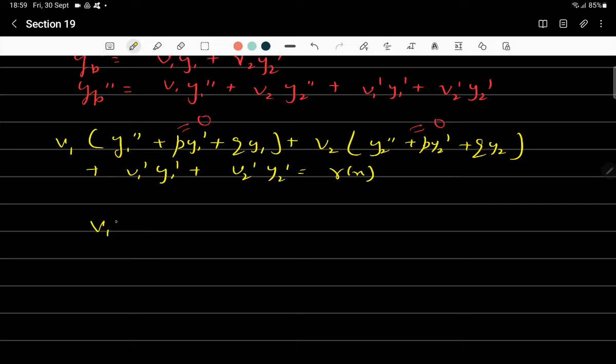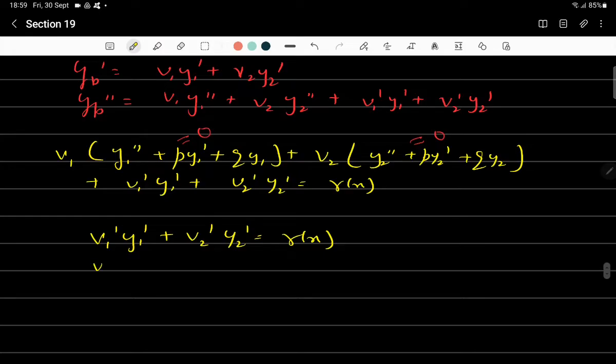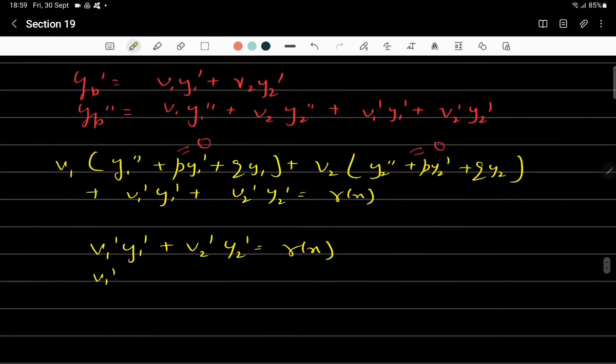So this gives me v1 dash y1 dash plus v2 dash y2 dash is equal to r of x, and I already have one equation, v1 dash y1 plus v2 dash y2 is equal to 0.